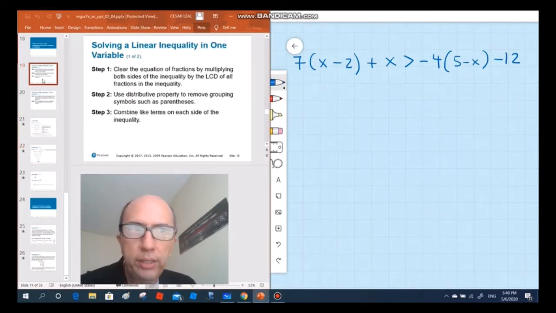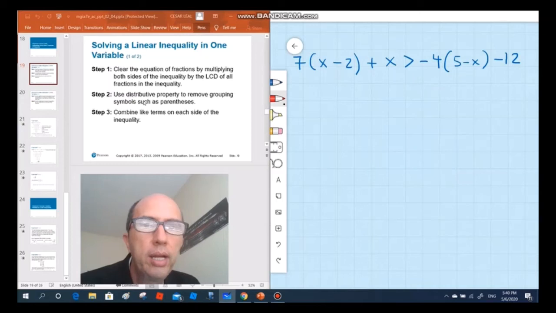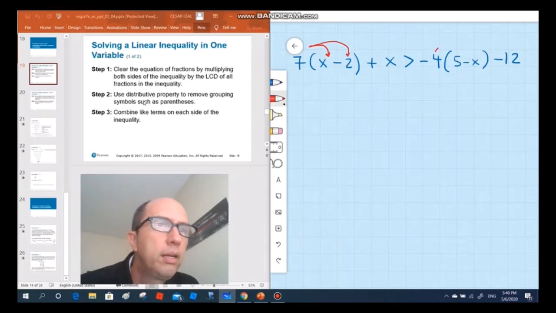First, clear the equation of fractions, no fractions. Second, use distributive property. And we have some distributive property here, right? Here. And here.